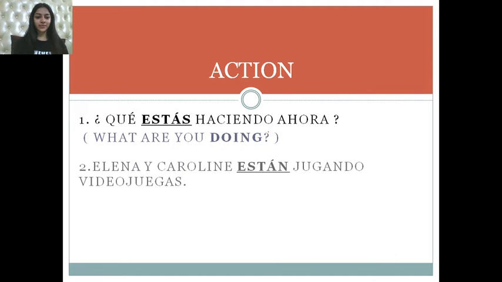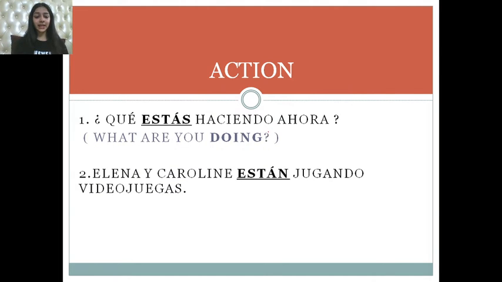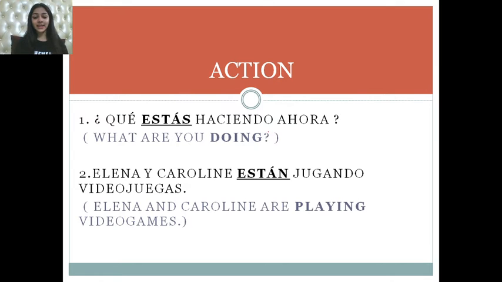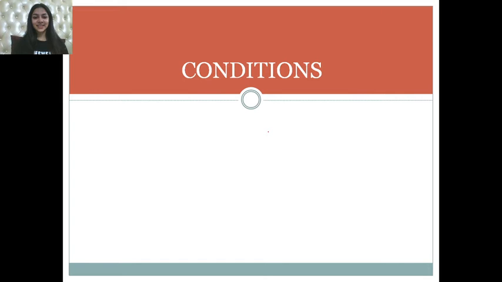So next one. Elena y Caroline están jugando videojuegos. Elena and Caroline are playing video games. ¿Está claro? Perfecto.